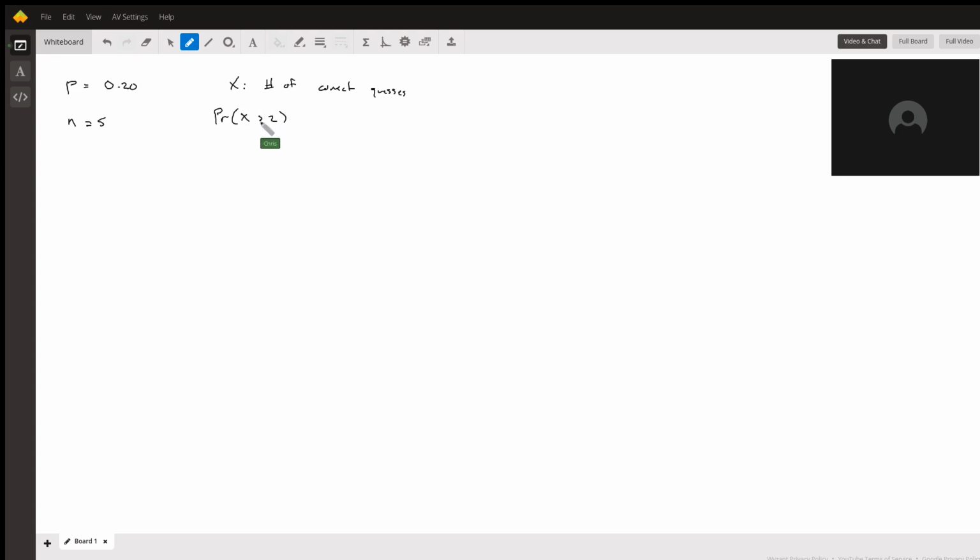So the first thing we need to notice here is we're asked for the probability that X is greater than 2. Well, that's actually just the same thing as 1 minus the probability that X is less than or equal to 2. Okay? And a binomial can have valid values of X from 0 up to n.